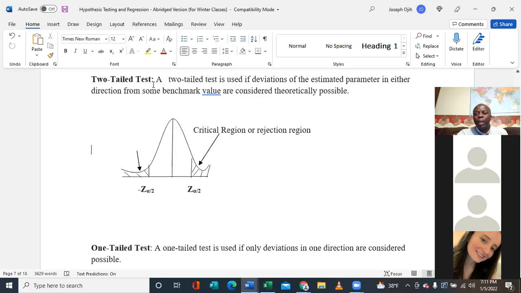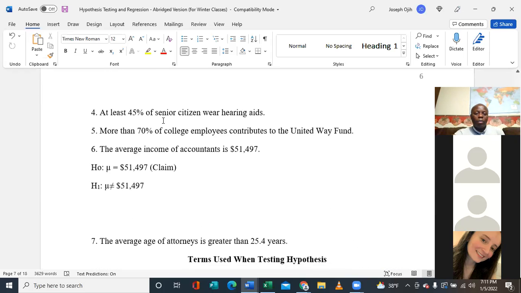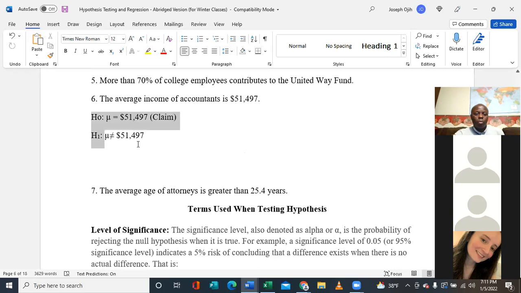And this is how to state hypotheses for a two-tailed test. How do you know if you are stating a hypothesis that will be a two-tailed test? If you use equal to and not equal to, like here, we use the symbol equal to because it can be left or right, and not equal. This means that this is a two-tailed test.